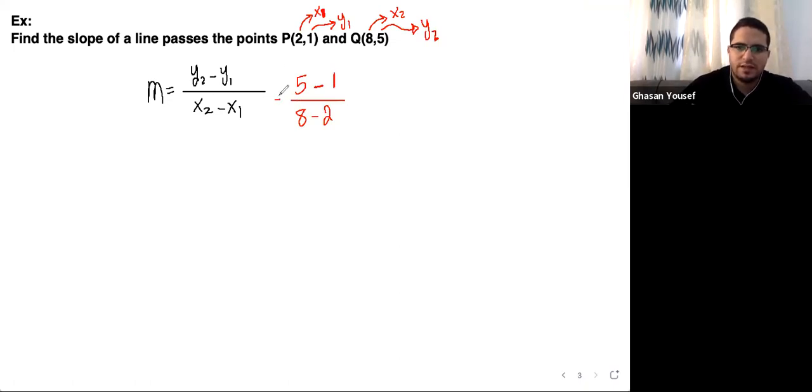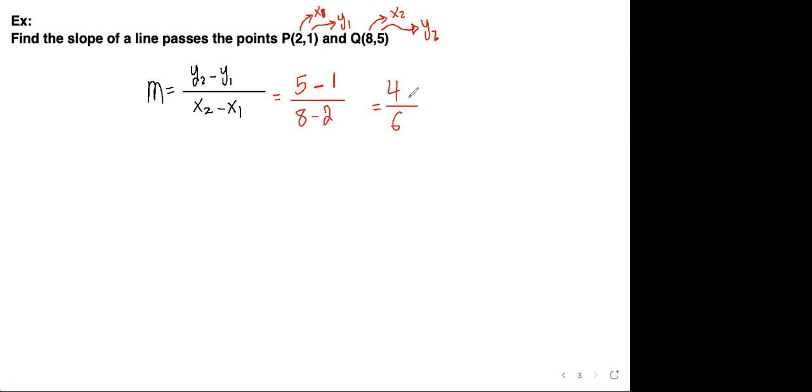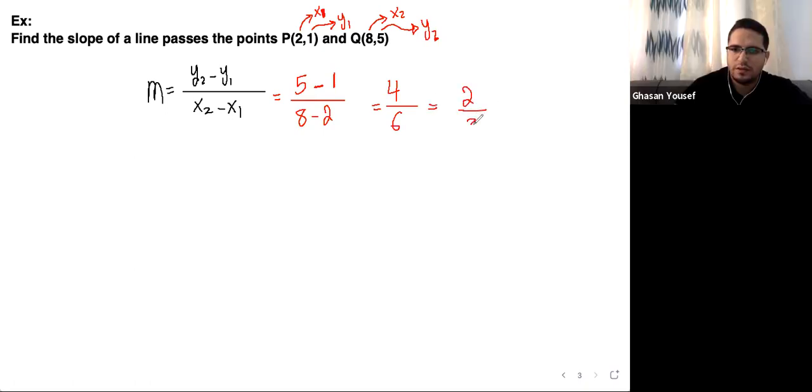5 minus 1 is 4, and 8 minus 2 is 6. 4 over 6. I can simplify this. What do I get? 2 over 3. Exactly, 2 over 3. So this is the slope. The slope is a positive value.